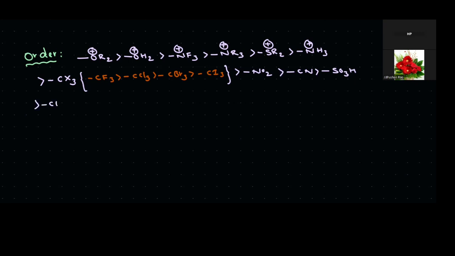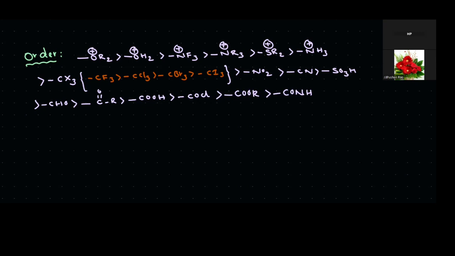Next, C double bond O with R represents a ketone, the aldehyde and ketone group. Then after that COOH, the carboxylic acid group. Next COCl, the acid halide functional group. Next COOR, ester. Next CONH2, the amide functional group.